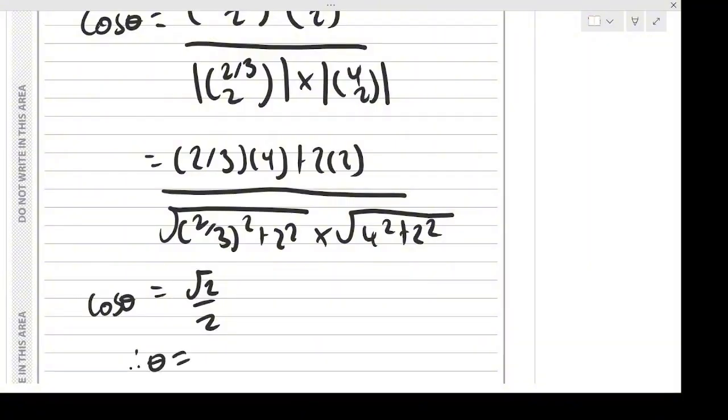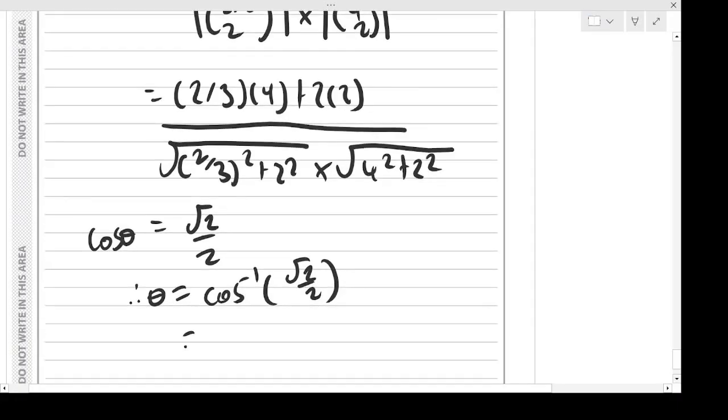Therefore, if I do inverse cos of that, I get theta to be 45 degrees exactly. And that is my angle of deflection.